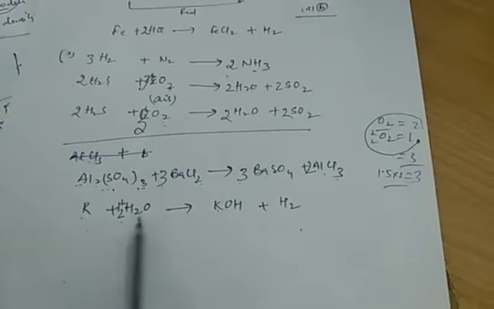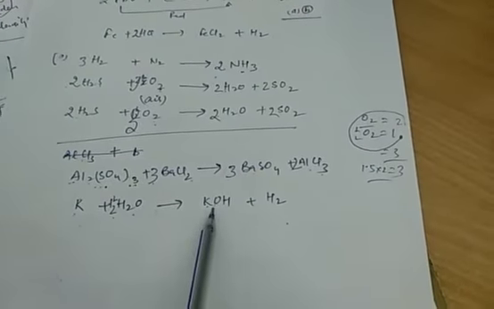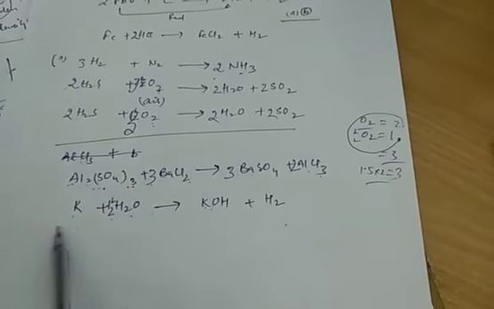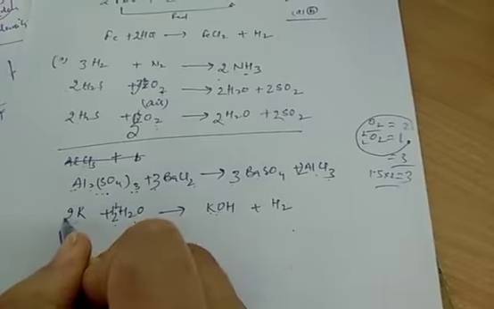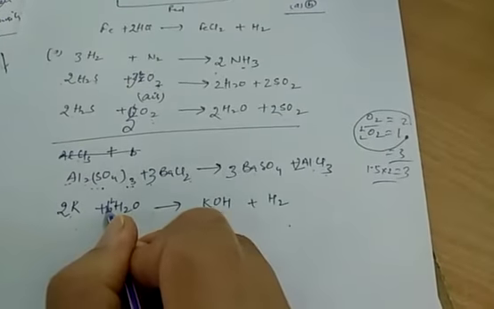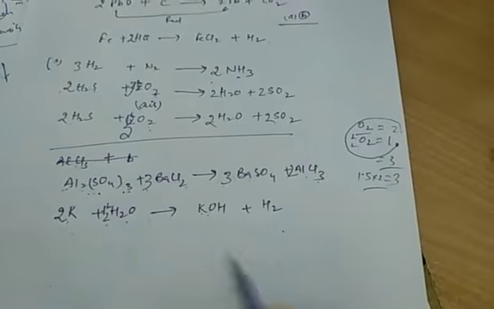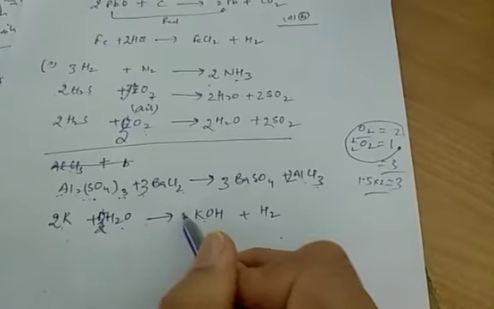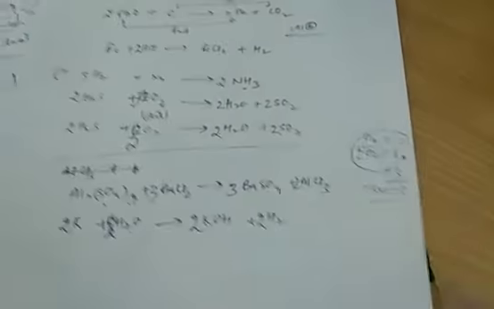Nothing should be in fraction, so multiply the whole equation with 2. So it becomes 2, it becomes 3, it becomes 2 and it becomes 2, right?